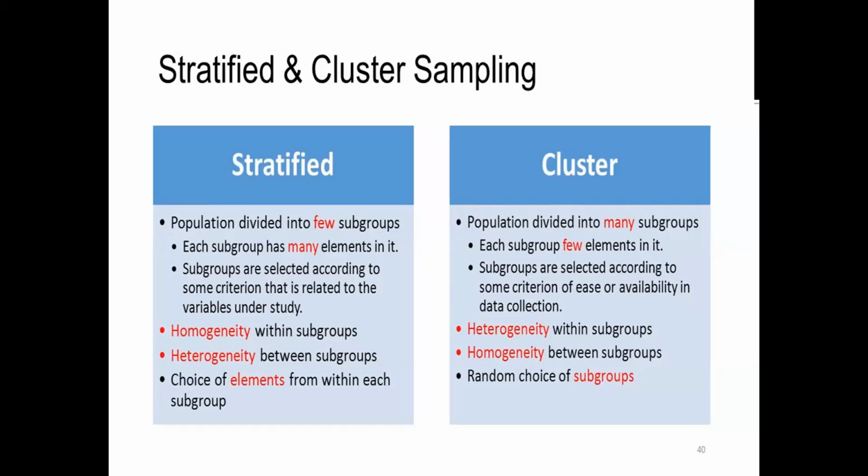So in stratified, homogeneity within subgroups but heterogeneity between them; in cluster, heterogeneity within subgroups but homogeneity between them. Then you can randomly choose subgroups because you presume that all the subgroups are the same, or all the IITs are almost the same. So we can pick any 5 IITs to conduct our study, or any of the districts.